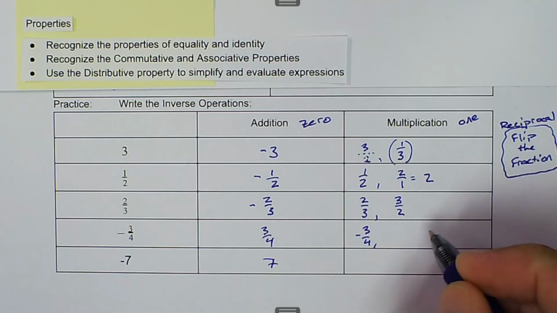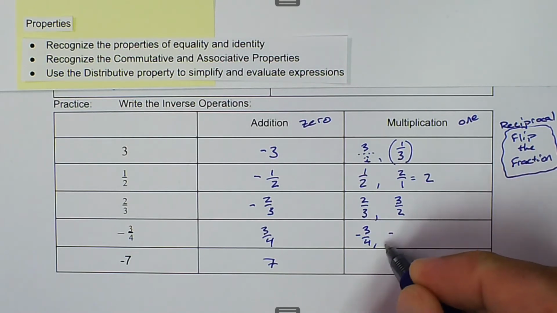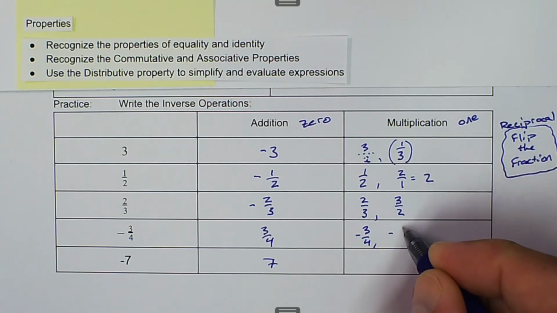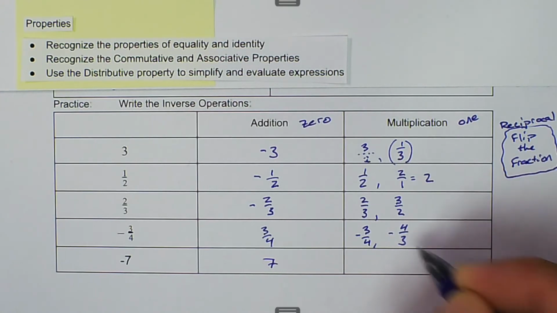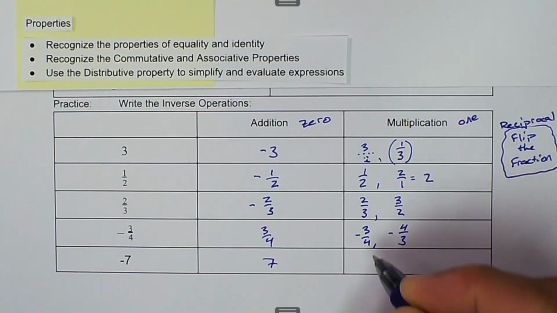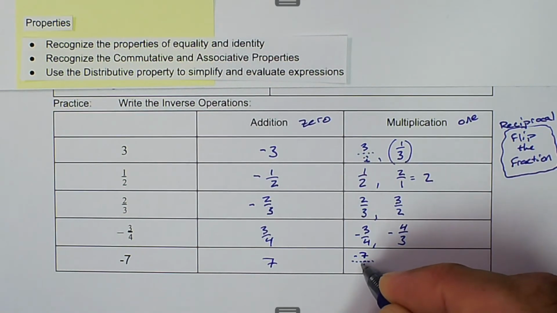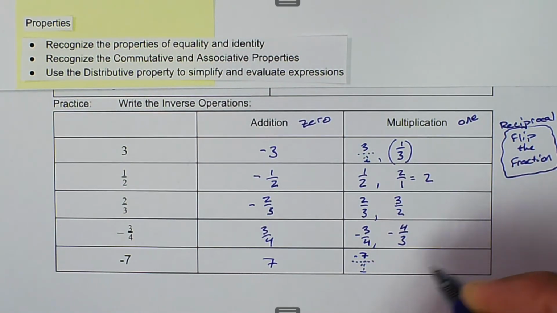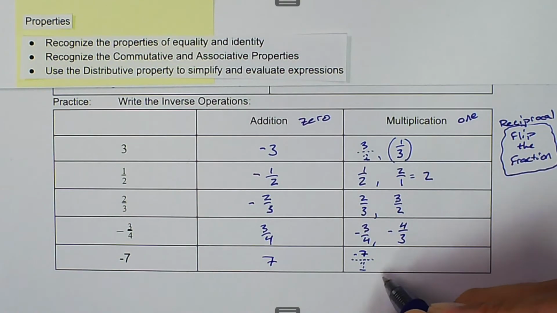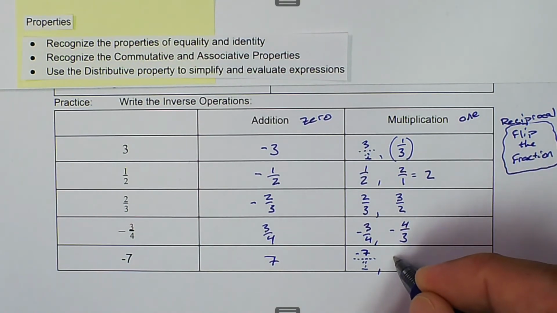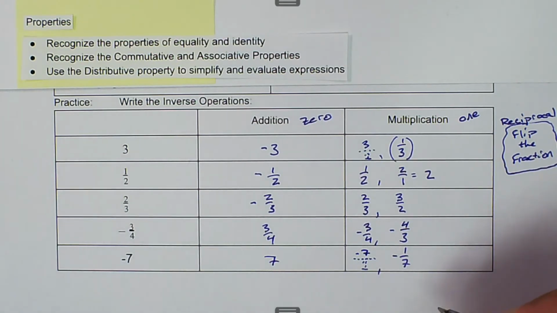We want to keep the negative sign, but we want to flip our fraction. So we go 4/3. And then -7. Remember, we can say -7, and then we can say that's over top of an understood 1. And so if we flip that fraction, we get -1/7.